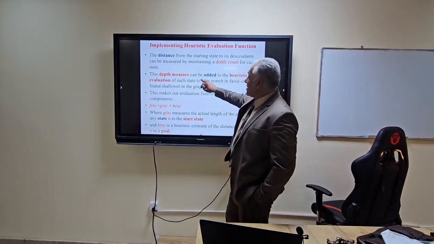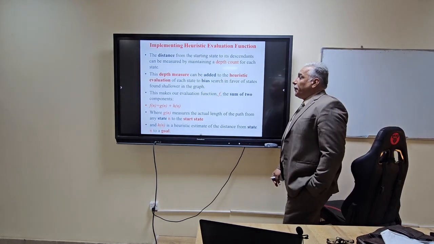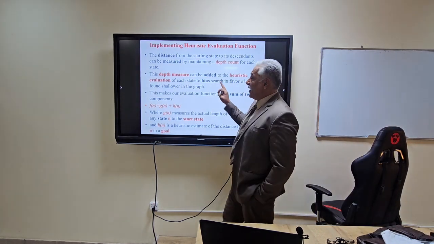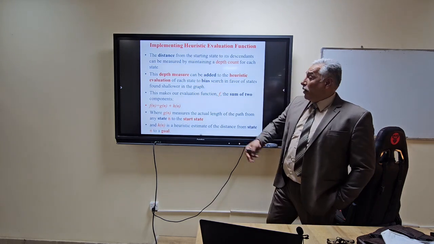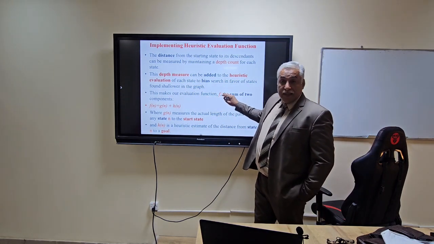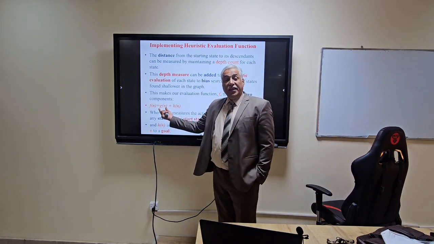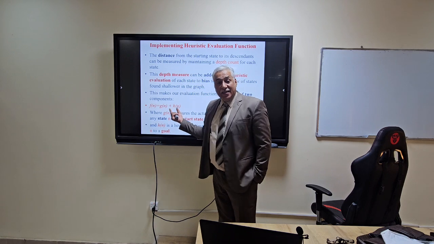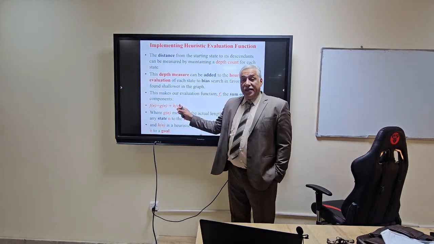These depth measures can be added to the heuristic evaluation of each state to bias the search in favor of states found shallow in the graph. This makes our evaluation function f the sum of two factors, g(n) plus h(n). What is the meaning of g(n) and h(n)?